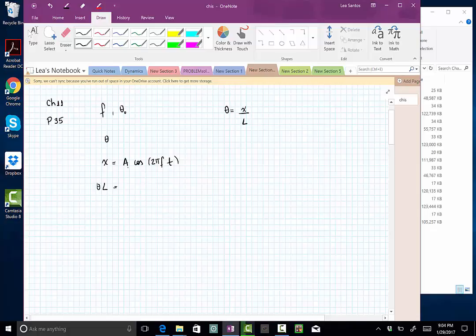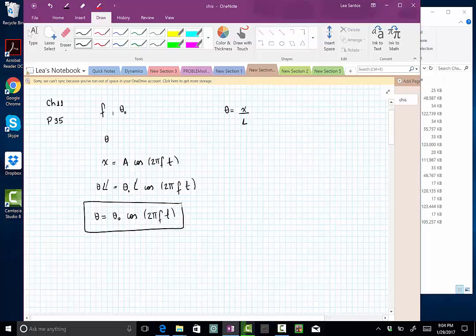The amplitude is the maximum displacement, so I'm going to use the maximal angle, which is the initial one, theta 0, times L, times cosine of 2 pi frequency times time. The frequency is given to me, and the time. So you see the L doesn't really matter in this story, and I just found an equation for theta. Theta is theta 0 times cosine of 2 pi frequency times time. So this is the equation that we need to answer this problem.